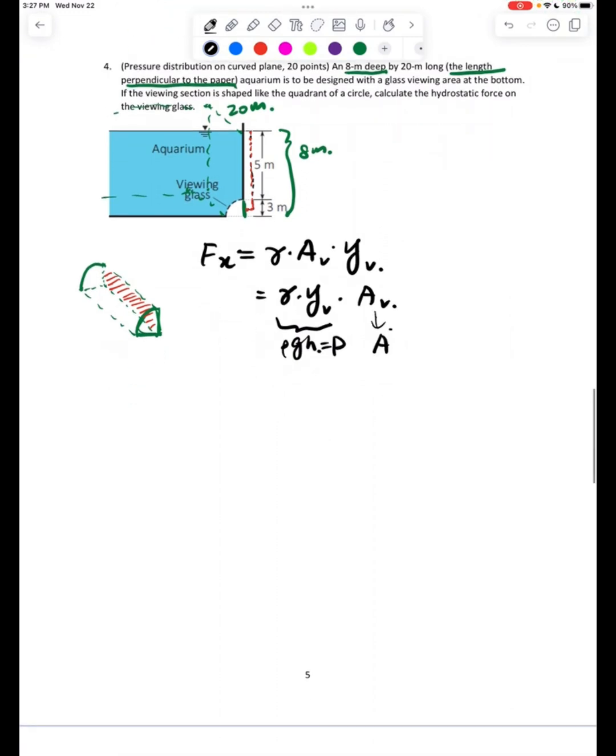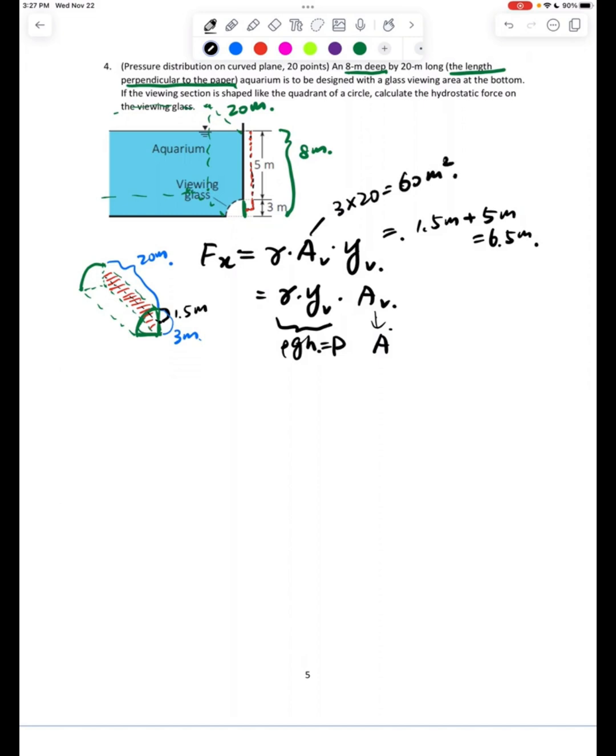So the centroid of a plane is its center. So this part is 1.5 meters. So YV equals 1.5 meters plus 5 meters, which equals 6.5 meters. And A should equal, this side is 3 meters, and this side is 20 meters. So A equals 3 multiplied by 20 equals 60 square meters.